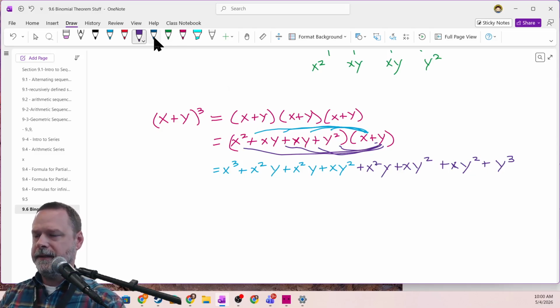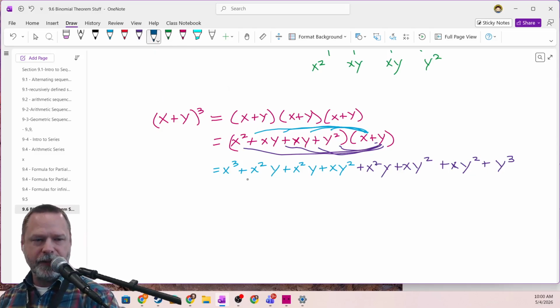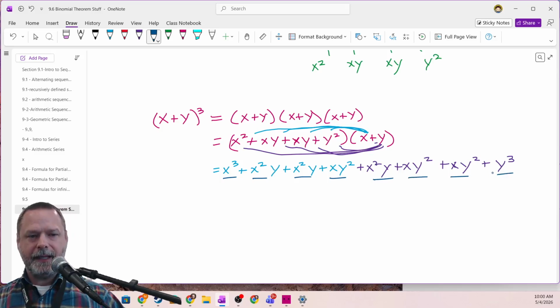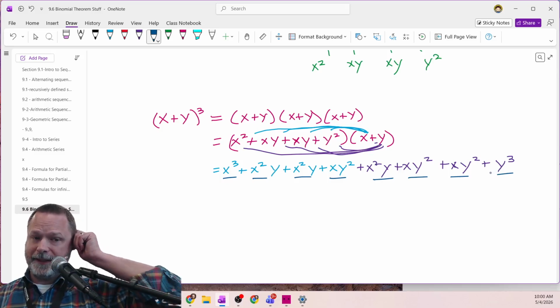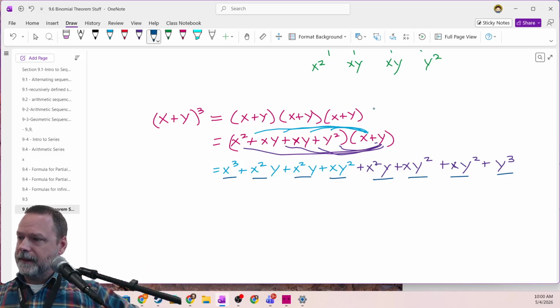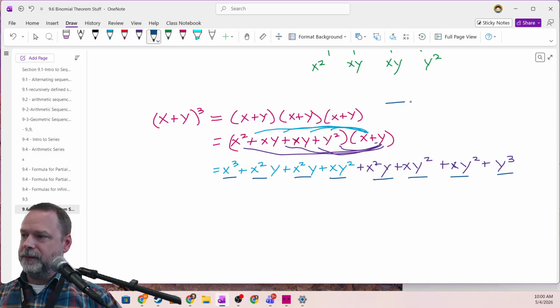And then, what did we end up with? 1, 2, 3, 4, 5, 6, 7, 8 different outcomes, if we think about counting. And if you think about this in probability, you have 2 options for the first choice, 2 for the second, 2 for the third.